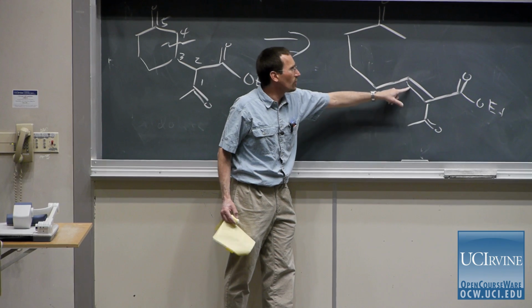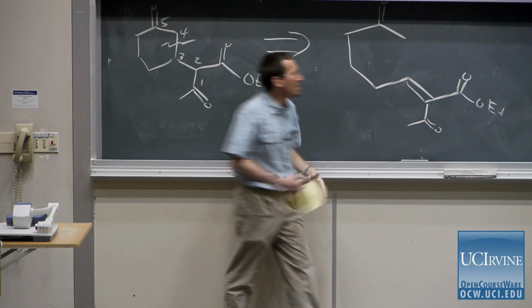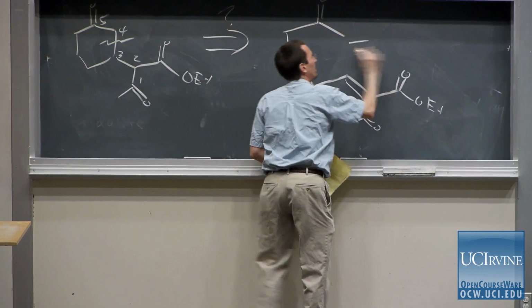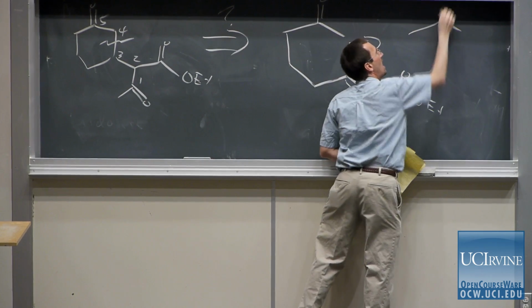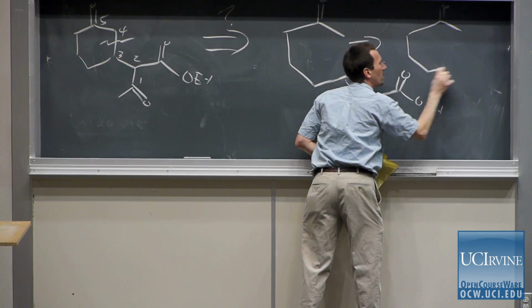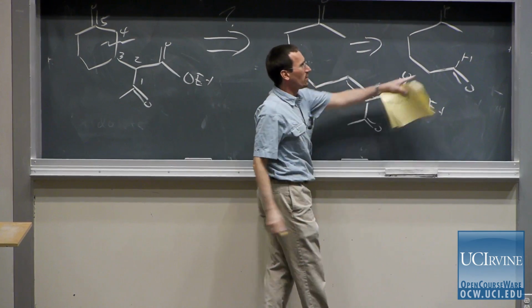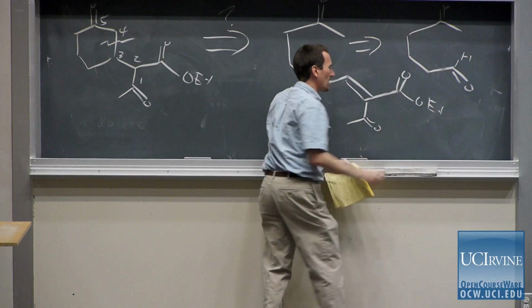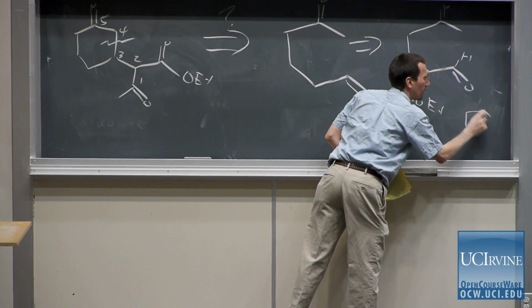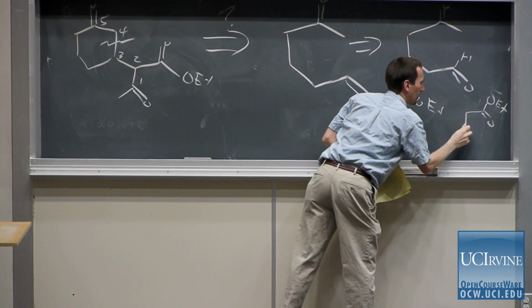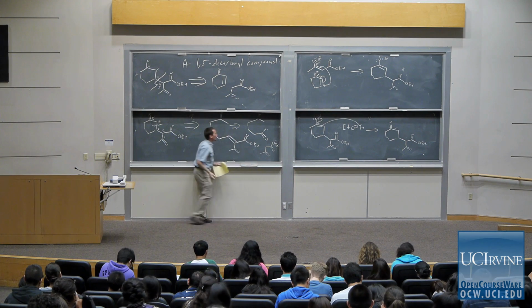I could see this component coming from a crossed-aldol reaction, perhaps. I don't know if this is going to work, so I'm going to write a big question mark, but this is the thought process. I could see this component coming from a big crossed-aldol reaction where now I have a ketoaldehyde and ethyl acetoacetate.